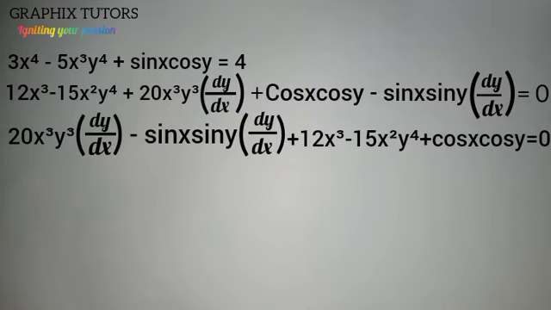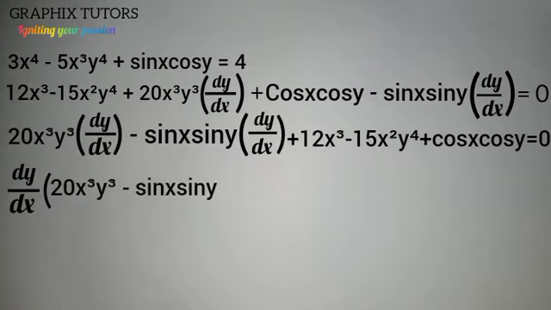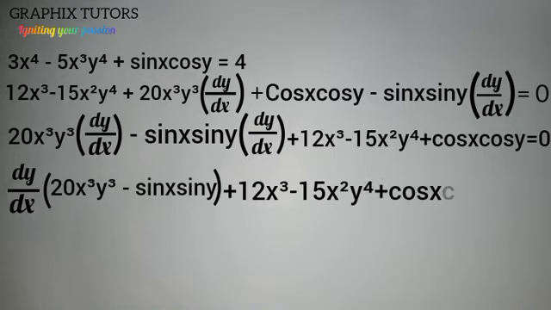Now, from those two terms that have dy over dx, you factor out dy over dx, giving dy over dx into bracket 20x cubed y cubed minus sin x sin y in brackets. This is right, because when you multiply dy over dx times 20x cubed y cubed, you'll have 20x cubed y cubed dy over dx, and so on. Now, plus 12x cubed minus 15x squared y to the power of 4 plus cos x cos y equals 0.